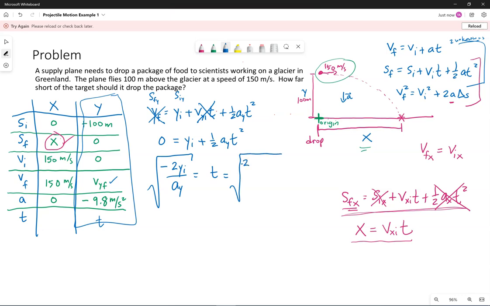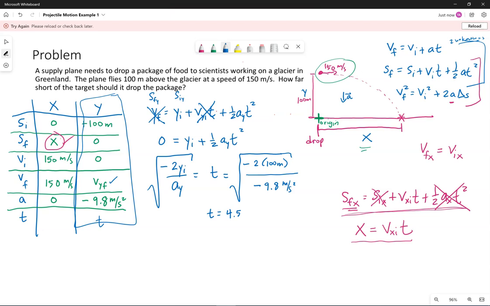So negative 2, y initial was 100 meters. Acceleration in the y direction is downward, so negative 9.8 meters per second squared. Those negative signs will cancel, which is good. That's going to give us a positive number, which we need because we're not going to be using imaginary numbers.